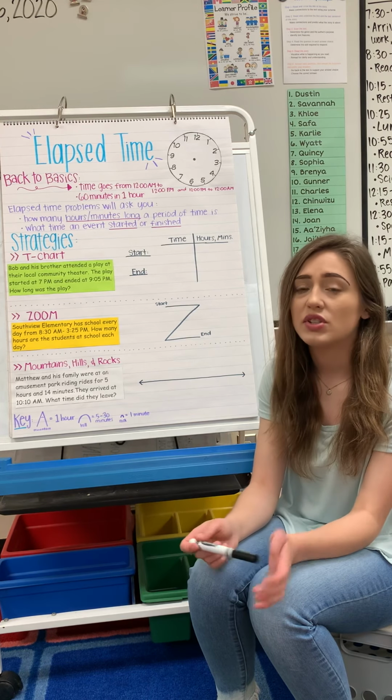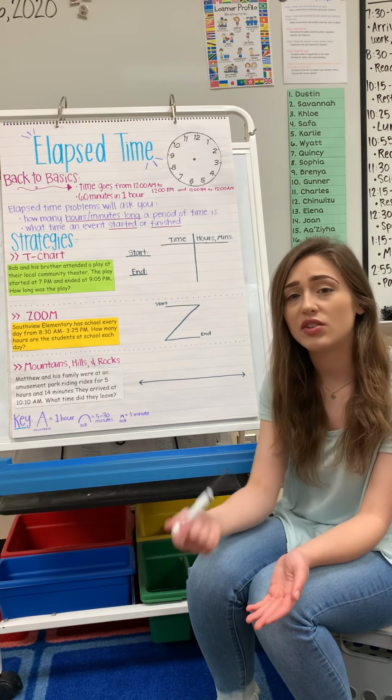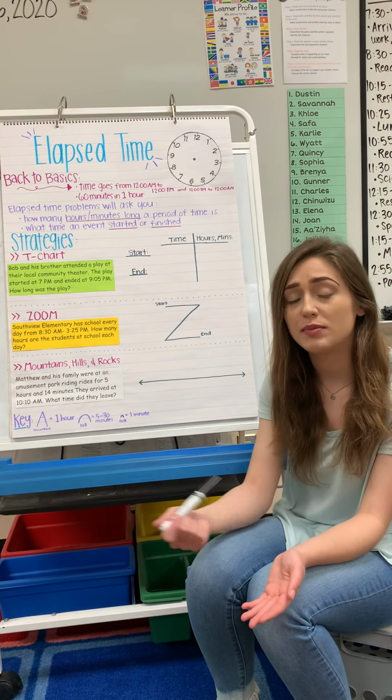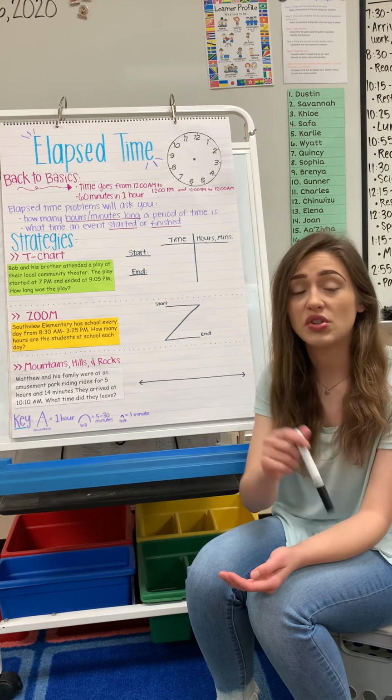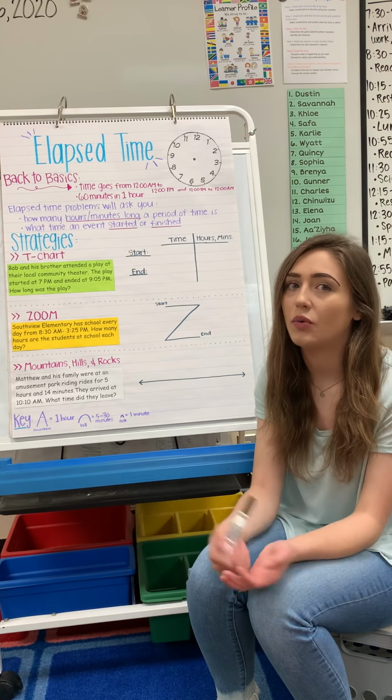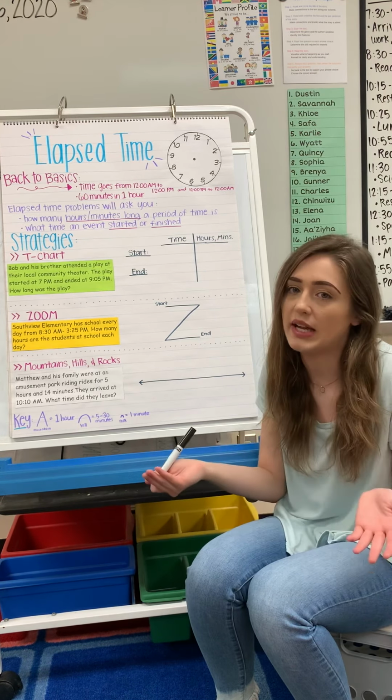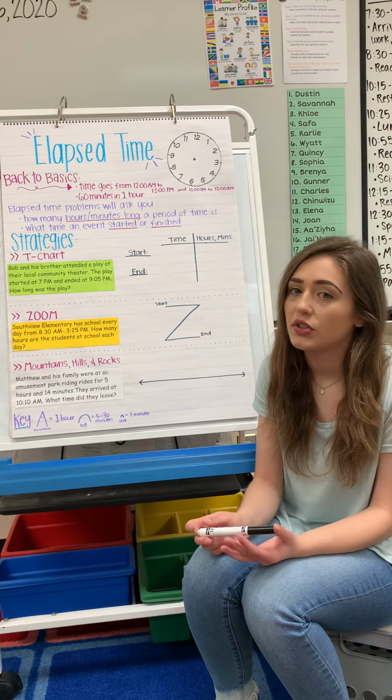They might give you a start time and how many hours and minutes it lasted, and then you have to figure out your end time. Or it might give you your start and end time, but you have to figure out how many hours and minutes it lasted.